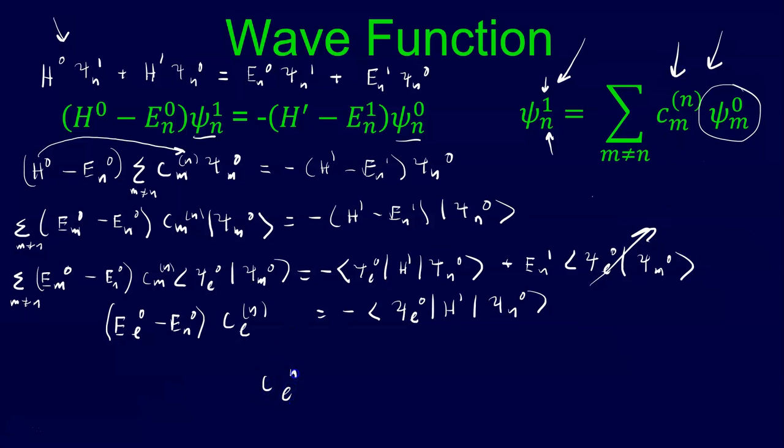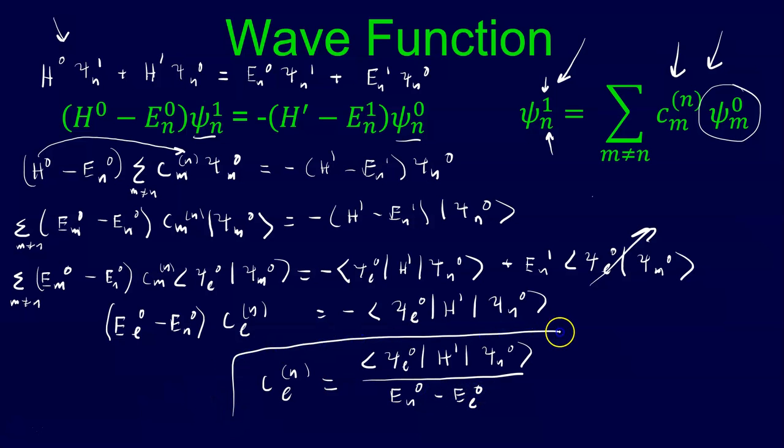So the C L N coefficient is going to look like this. If I clean it up a little bit, psi L0, H prime, psi N0, and then just to get rid of that negative sign, I'll switch the order of these energies in the denominator. And so this is the coefficient we want to find.